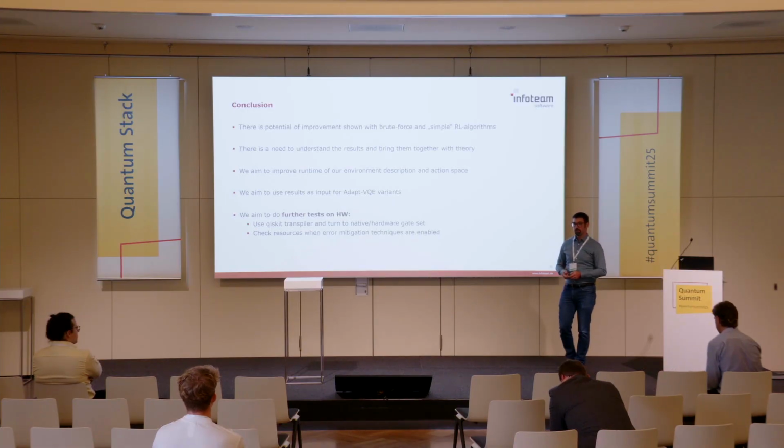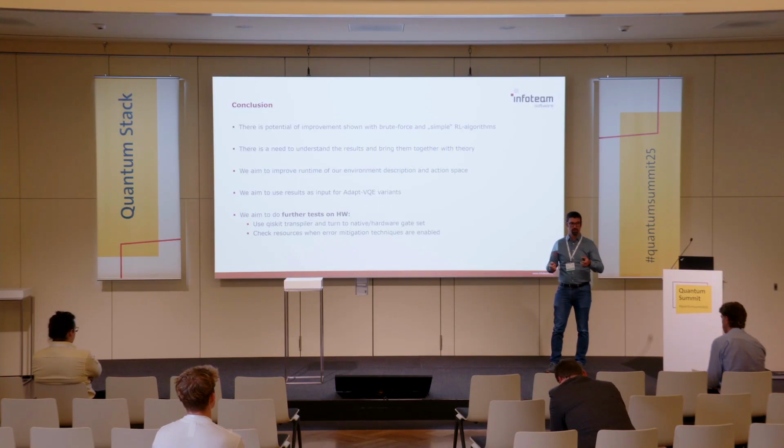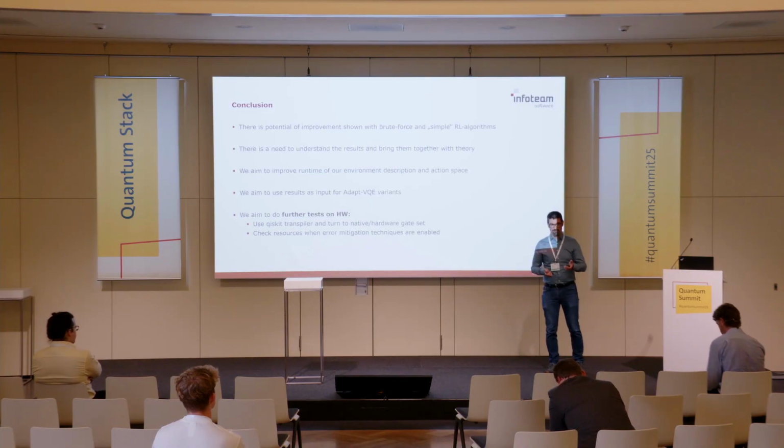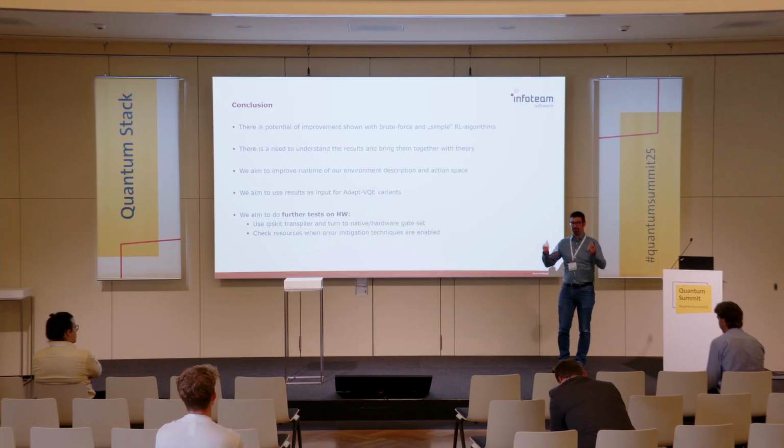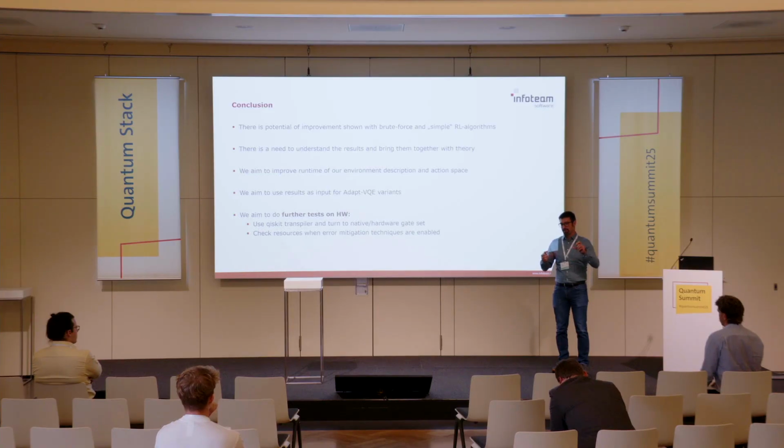For future improvements, we aim to improve the runtime of our algorithm and also the description and the action space. Maybe there we find something better that our action space doesn't exclude with the number of gates, because LiH is not really interesting. What we wanted to tackle is our inhibitor molecules, with maybe not that small an active space, but maybe an increased active space, to be run also on hardware.